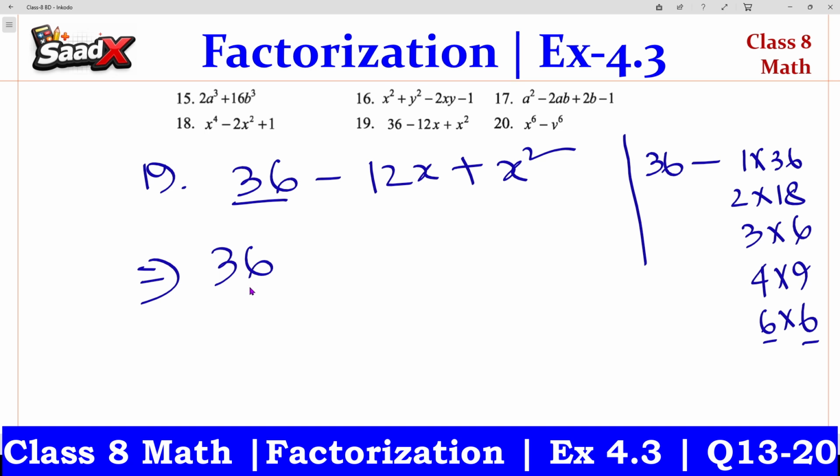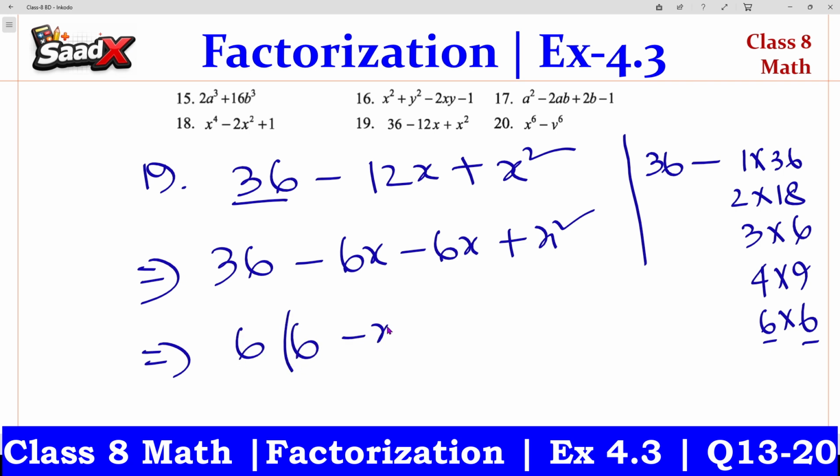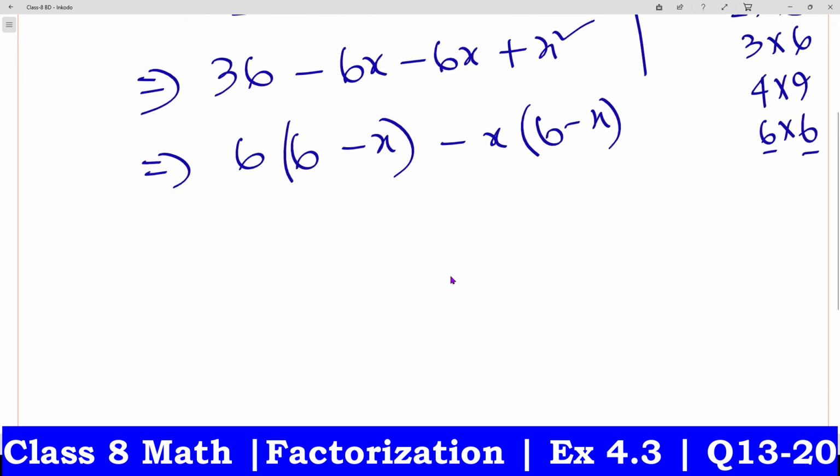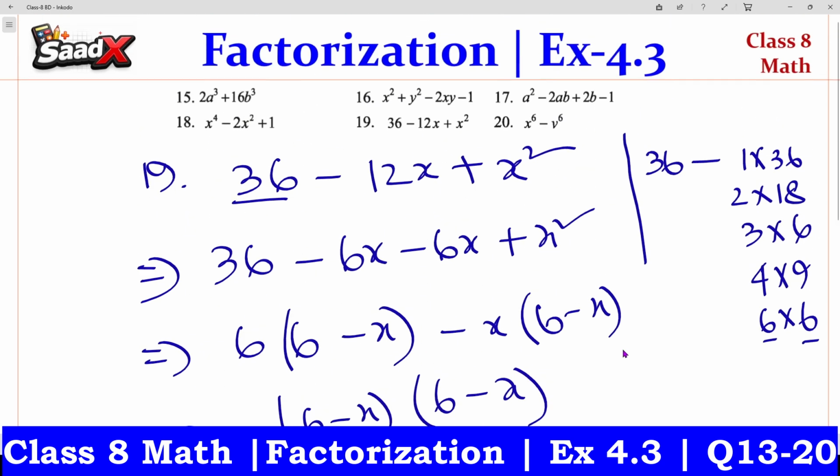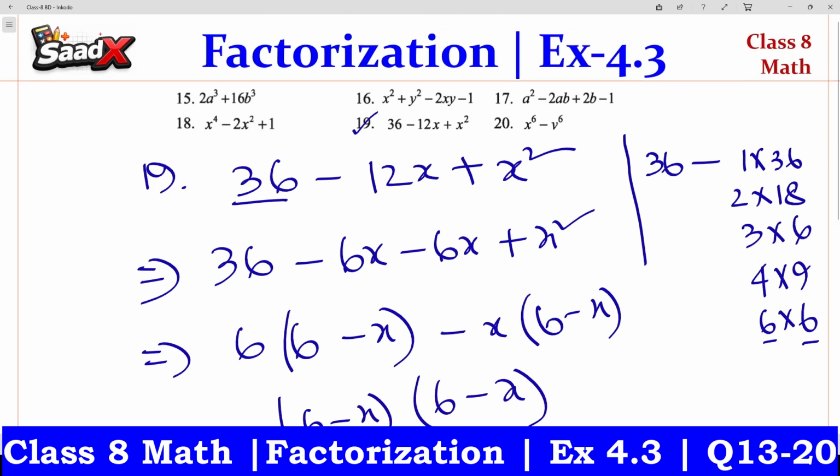So we can write 36 minus 6x minus 6x plus x squared. So we can take common 6. So here will be 6 minus x, minus, once we take common x, it will be 6 minus x. So finally it becomes 6 minus x times 6 minus x, again 6 minus x, and the final result is 6 minus x whole square. Number 19 done.